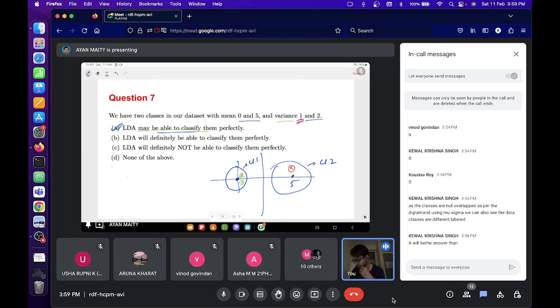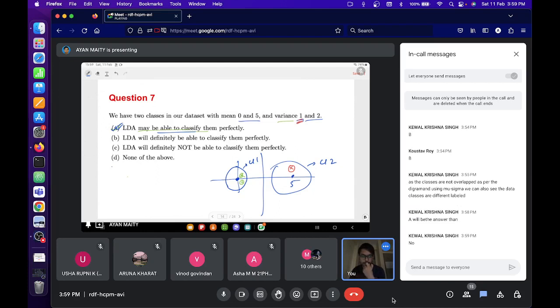Is there any confusion in this, about why it is not B? You have to be careful that though the variance or the standard deviation is very small, some outlier points might be present far away from the actual mean. Very few points, but still those points are present in class 1 only, and they are very far away from class 1. Because of them, LDA will not be able to perfectly classify.